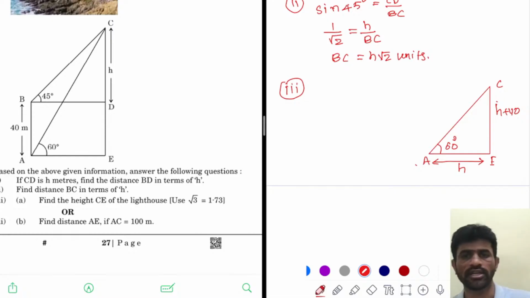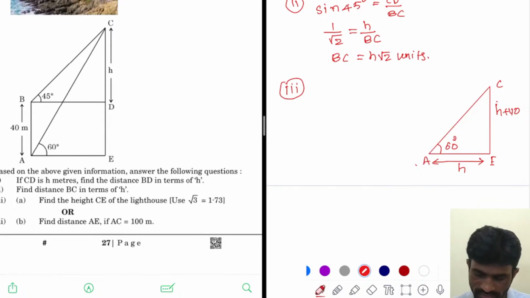Now we have to take this triangle. So in this triangle, what happens? Tan 60 degrees means root 3. Root 3 is equal to H plus 40 by H. Now if you do this, H root 3 is equal to H plus 40. So H common, root 3 minus 1 is equal to 40.